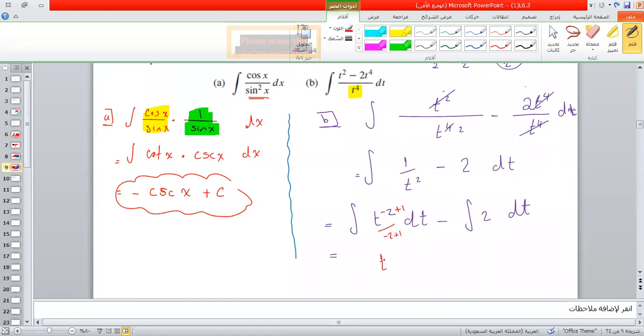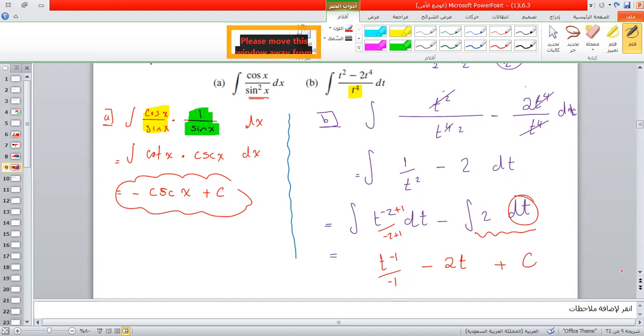Adding 1 gives us negative 1, and we divide by negative 1. And the integral of 2 is 2t, because we are integrating with respect to t, plus the constant of integration c.